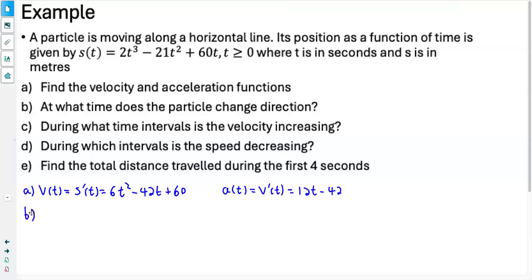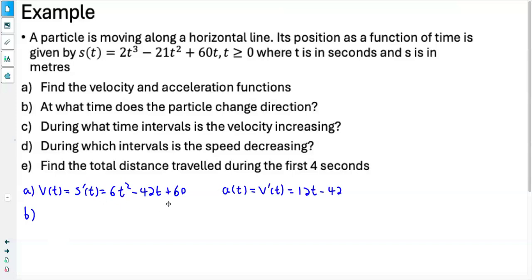Part B, at what time does a particle change direction? So for this, we are going to find our critical points. So that would be where our velocity is equal to 0. And then we'll put those on a number line and look at where velocity is positive and negative and see where it changes direction.